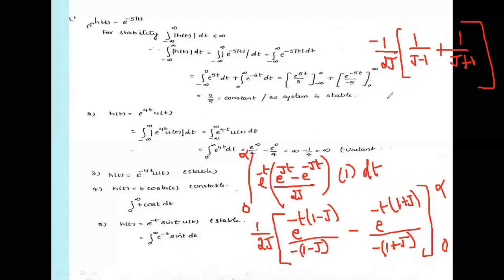Put the minus here: minus 1 by 2j into j plus 1 plus j minus 1 whole divided by j square minus 1. So minus 1 plus 1 get cancelled, 2j, and the 2j also gets cancelled. J square is minus 1, minus 1 plus minus 1, so minus by the minus 2, 1 by 2.